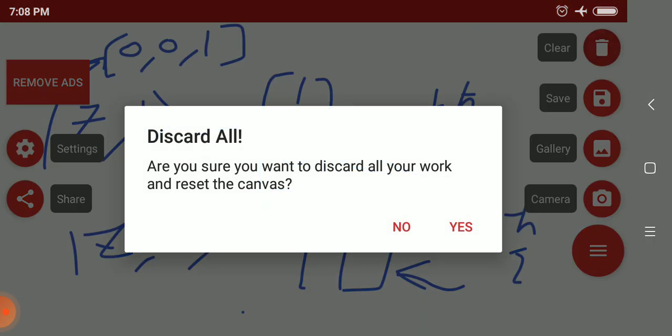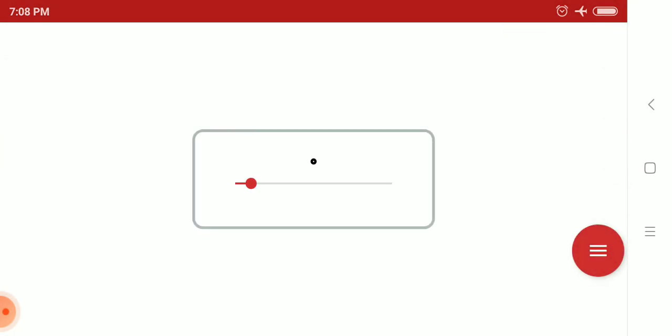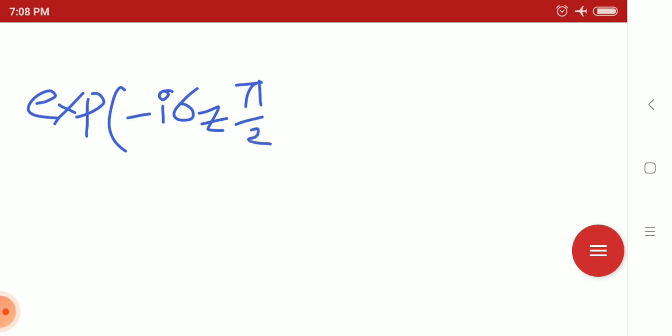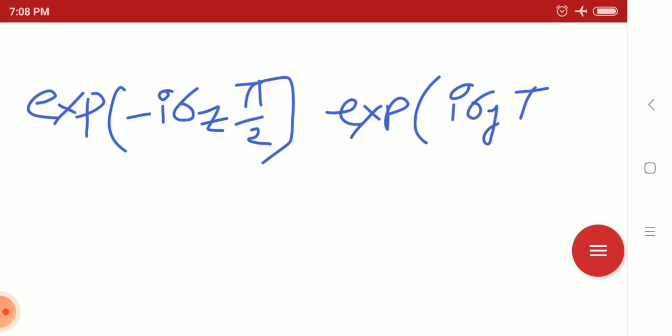Now operate that rotation operator. What was that rotation operator? The rotation operator that has been given in the question: exponential minus iota sigma z pi by 2 into exponential iota sigma y pi by 4.